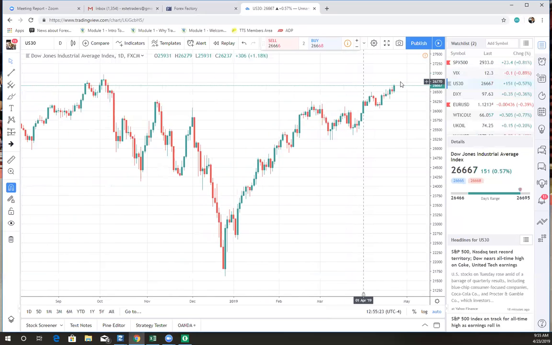For example, right now, price is 26,667. The price is at supply. When you're buying at supply, what happens to the risk? Increases. Oh, absolutely.